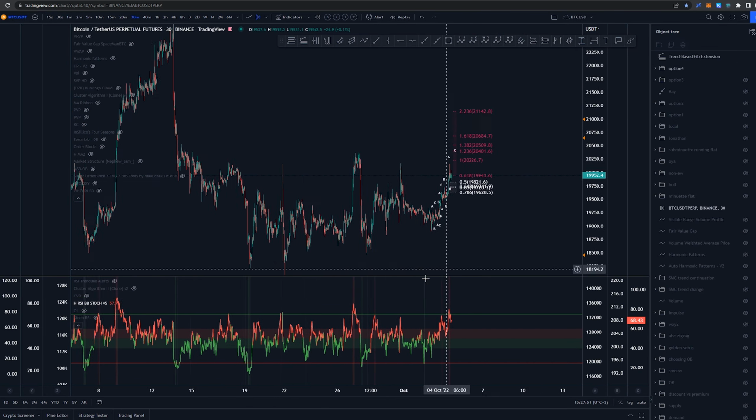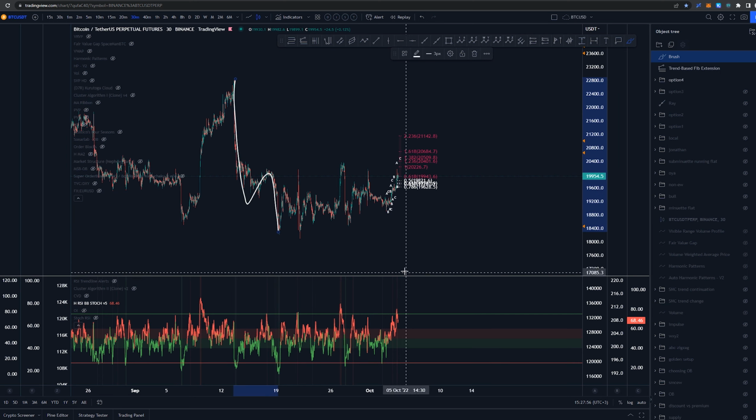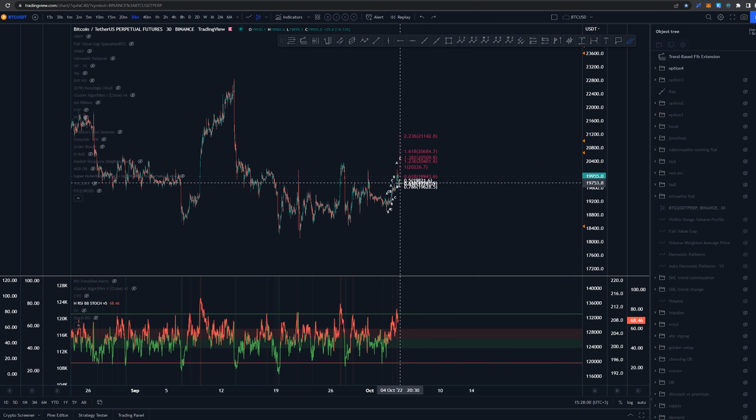I'm still looking into this as a wave one of that diagonal that we've been talking about, and then whatever this is going to be, most likely I feel like it has to be some kind of WXY, and that would not really fit into the idea of that diagonal. Why? Because generally diagonals should have zigzag patterns within the wave twos as well. So this here does not really fit in.